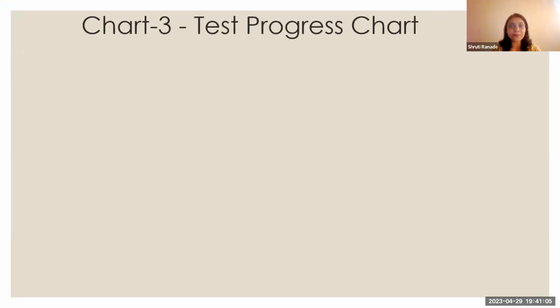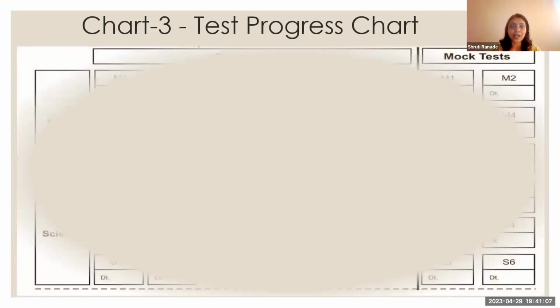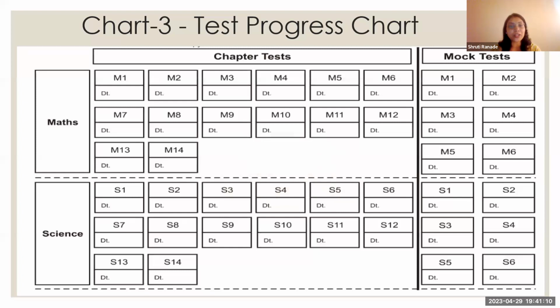Coming to chart 3, test progress chart. This chart is specifically meant for students who do not follow a specific schedule, but they do take the tests. In order, the student marks when he or she has taken that specific test.